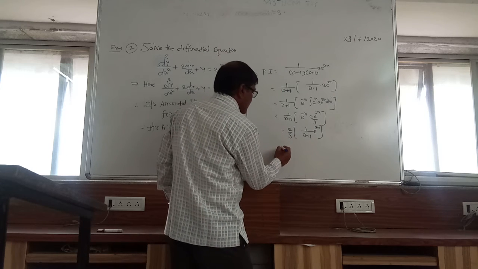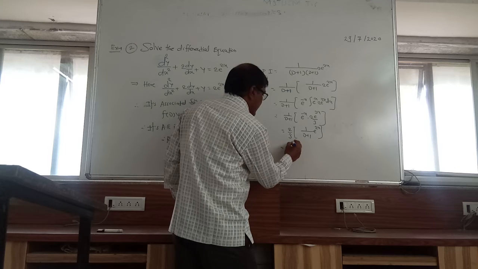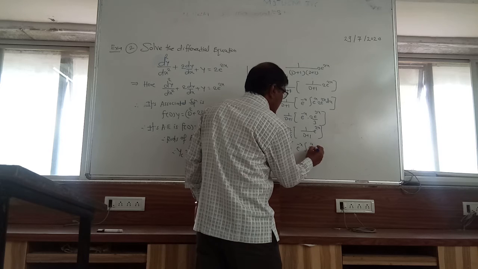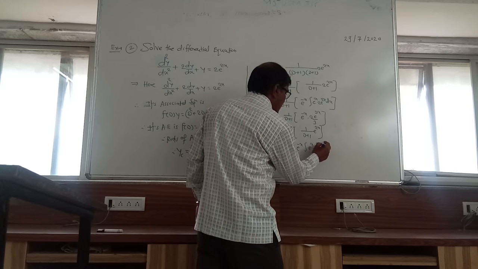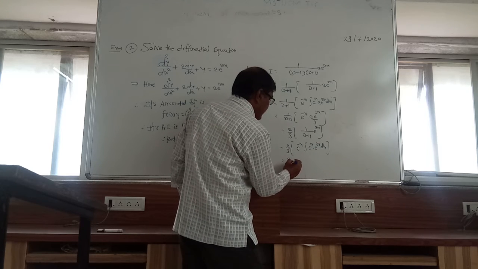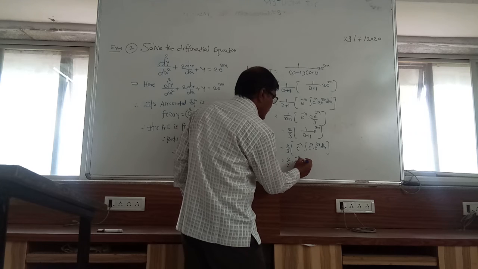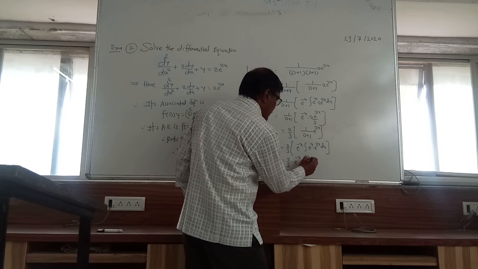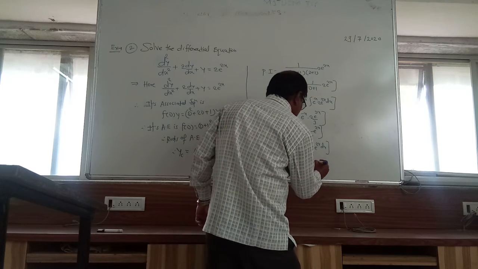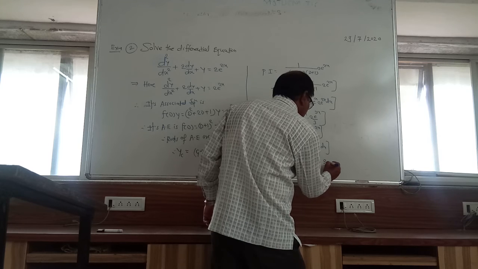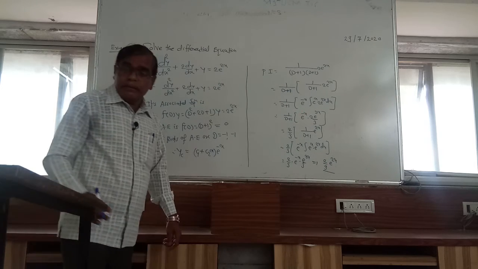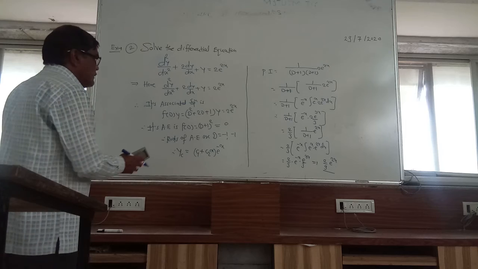Again, by using the same effect of the operator, 1 upon d plus 1 of 2 by 3 e raised to minus x, integration of e raised to x times e raised to 2x dx, that equals 2 by 3 e raised to minus x, integration e raised to 3x upon 3, and this implies we have 2 upon 9 e raised to 2x. This is your yp, 2 upon 9 e raised to 2x is yp.